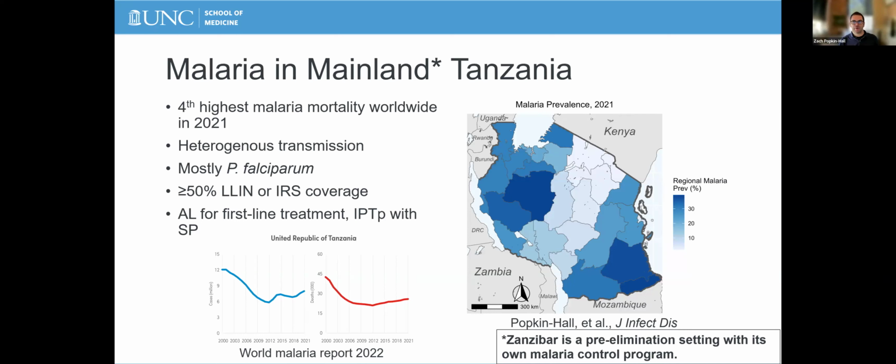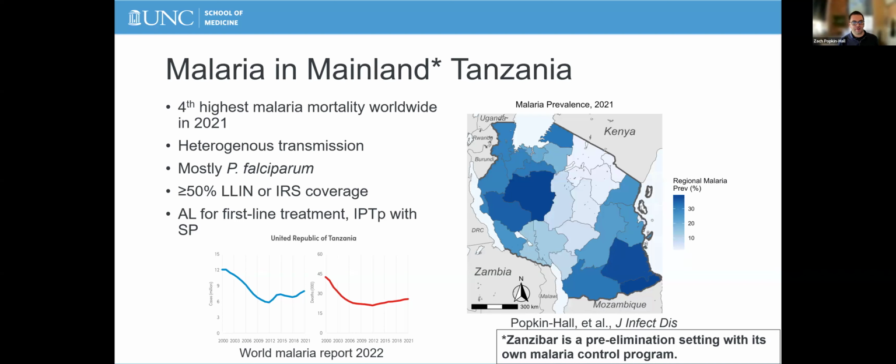And I should also make a disclaimer here that I'm talking exclusively about mainland Tanzania. And the situation in Zanzibar is very different. In Zanzibar, it's actually already a pre-elimination setting, and Zanzibar maintains its own malaria control program, independent of what the NMCP in Dodoma does in the mainland. In mainland Tanzania, most of the malaria is Plasmodium falciparum, as is true in most of Africa.